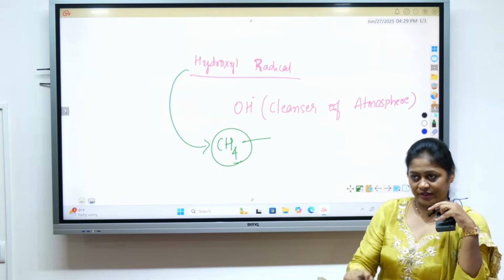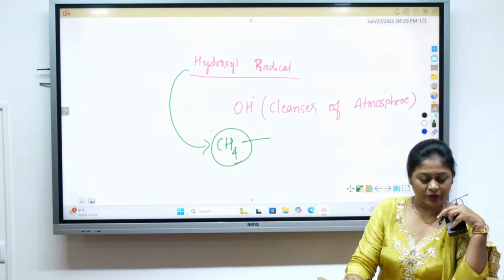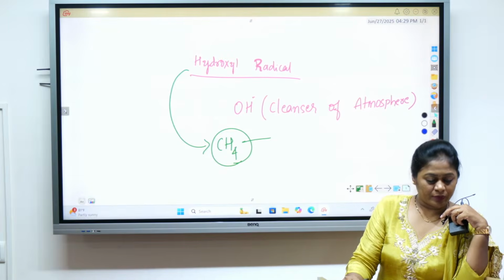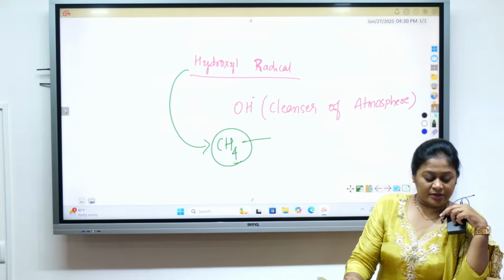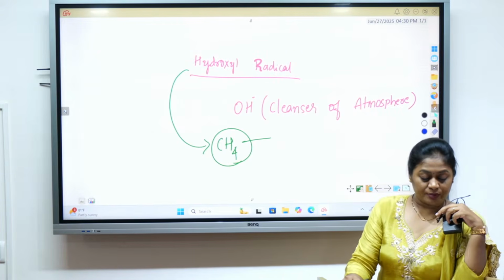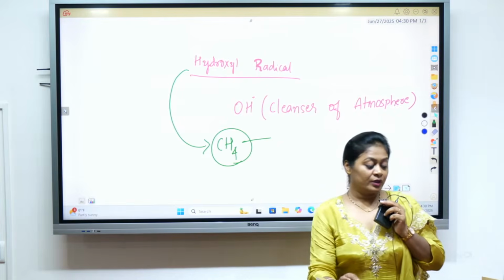Okay, write down a sentence. Methane sink. First one is methanotrophic bacteria. These bacteria use methane as an energy source.